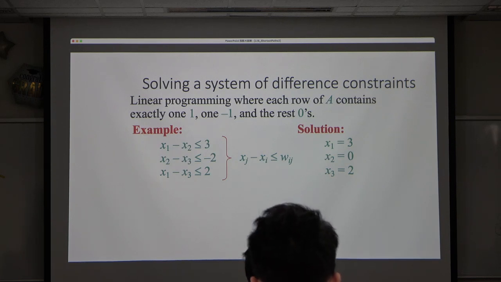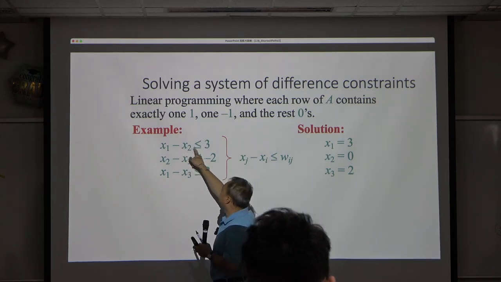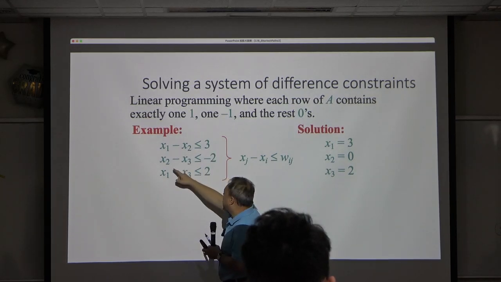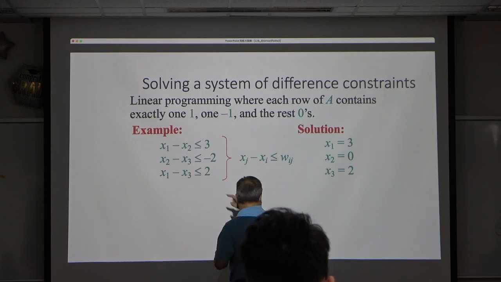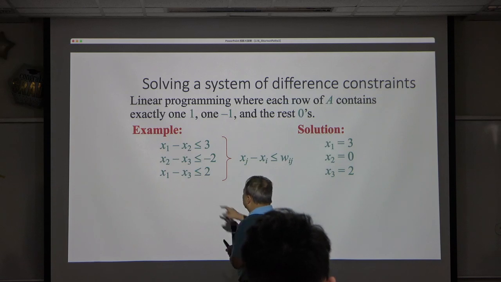So if we assign 0 to both V1 and V2, so 0 minus 0, 0 is smaller or equal to 3. That's good. And V2 is 0, minus X3, V3 is -2.